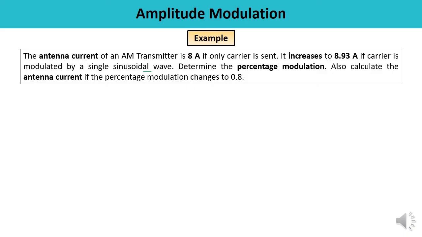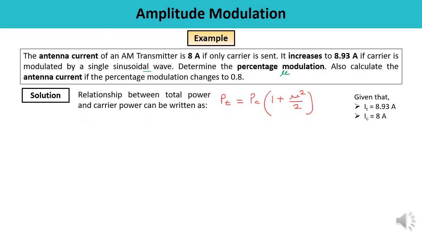First let us calculate the percentage modulation, which means we have to calculate the value of mu. The values of IT and IC are given: total current IT is 8.93 ampere and IC is 8 ampere. The relationship between the total power and the carrier power is given by this equation.